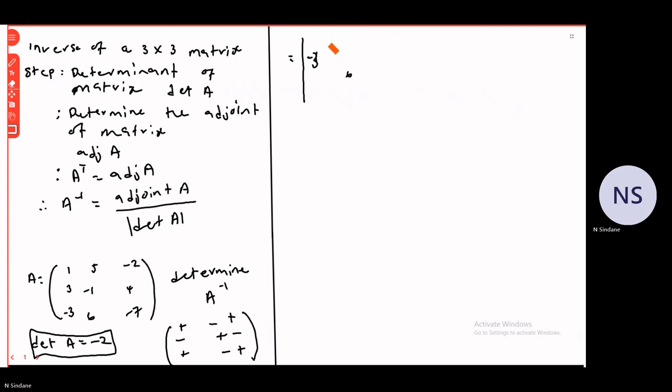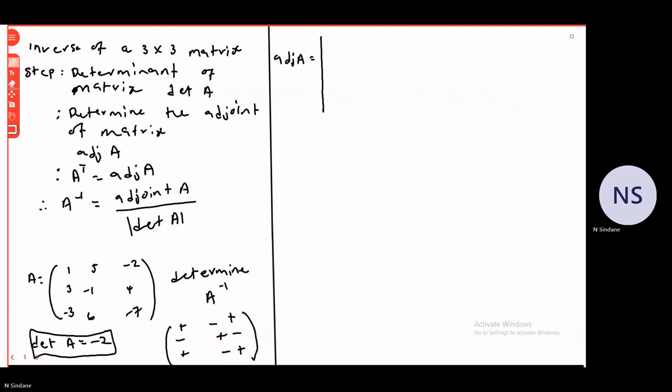Adjoint of A. Now with the adjoint of A, these signs are to be followed as they are. So in this case, we don't use the signs of our matrix; we use them as they are.